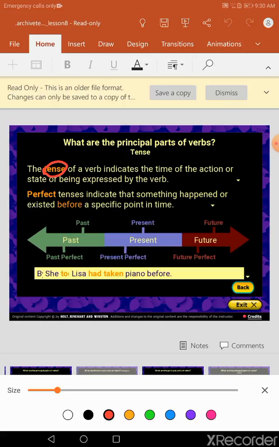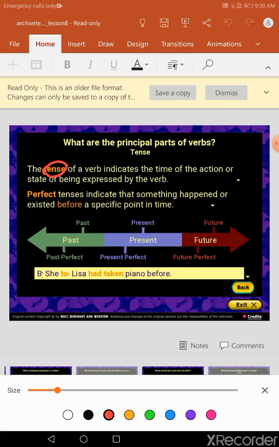Perfect tenses indicate that something happened or existed before a specific point in time. To express the present, you're talking about something that usually happens, a habit, for example, or a fact. So use the present, like play, plays, begin, begins.